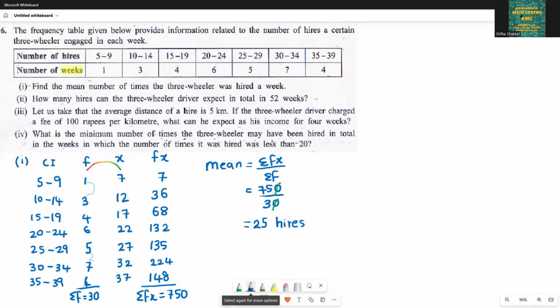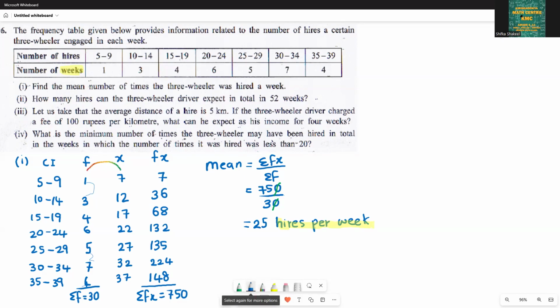So 25 hires per week means in 1 week, there are 25 hires. That is the meaning of the mean. Writing this is not strictly needed, but it helps us work out the other questions without any issues.